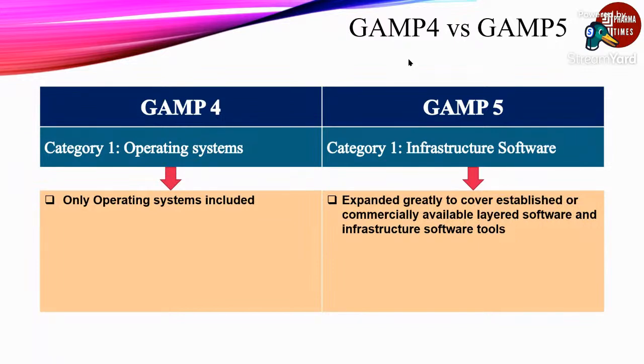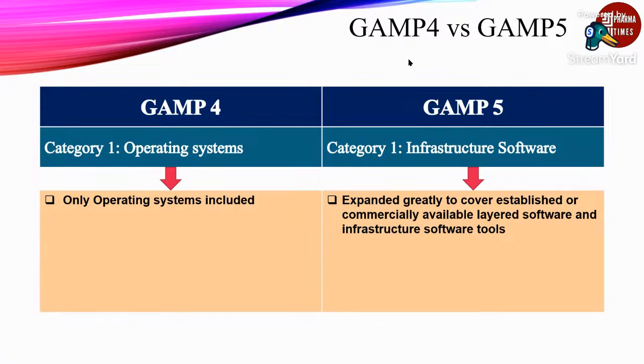Category 1 means operating system, where only operating systems were included in GAMP 4. In GAMP 5 it is expanded to include operating systems and also established or commercially available layered software, so we can say infrastructure software tools.